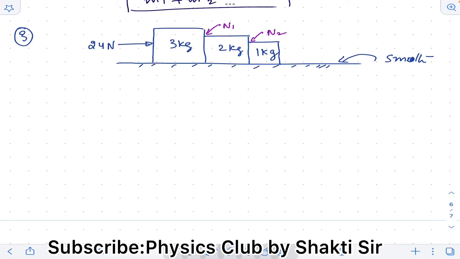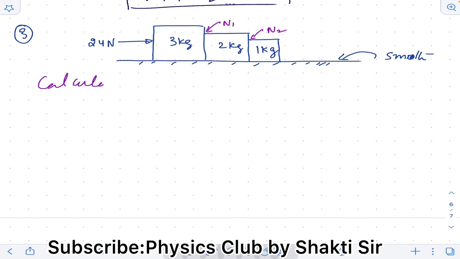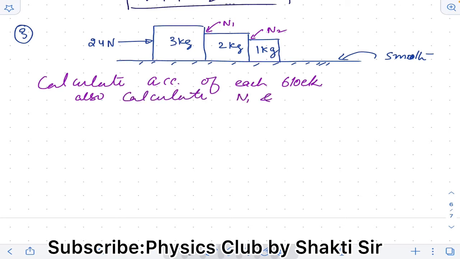Okay, so we need to calculate the acceleration of each block, and also calculate the normal reactions N1 and N2. This is our numerical. Okay, let's solve it.